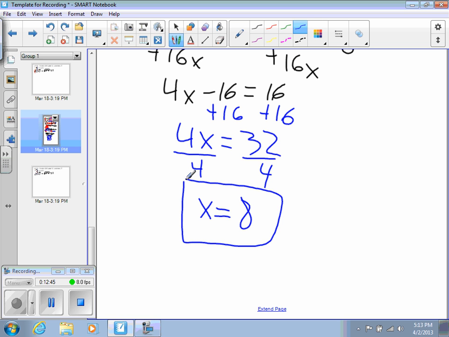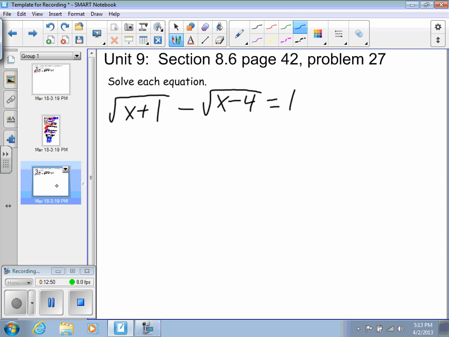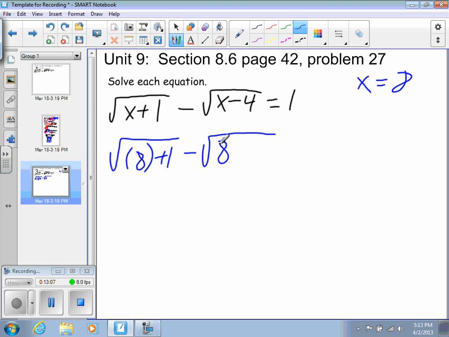Okay, so now that we have our answer, we need to check that answer back in the original equation. So we had x equals 8, and we need to substitute that in. So we now have the square root of 8 plus 1 minus the square root of 8 minus 4 equals 1. So 8 plus 1 is 9.